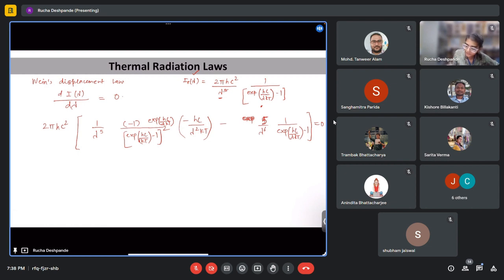So this entire term is the derivative of our intensity. So this entire term is equal to 0.